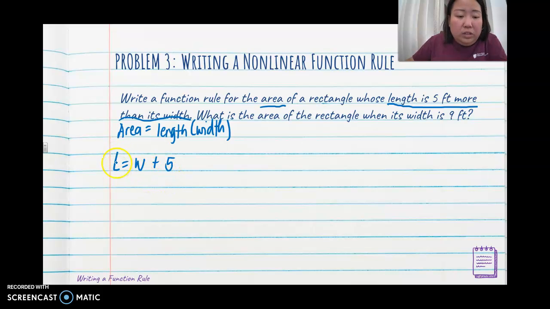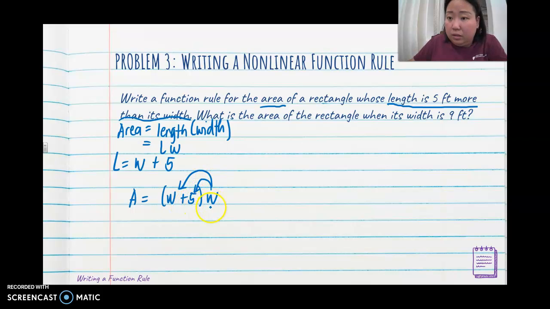Okay? So technically the formula for area is length times width. But because we have two different variables here, we can use W plus 5 to replace this L. All right? So from this function rule, our area is simply going to be our L, which is W plus 5, times W. Now, to simplify this expression, we can distribute W into W and the 5.